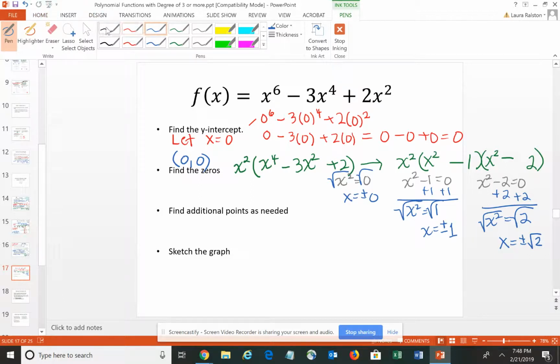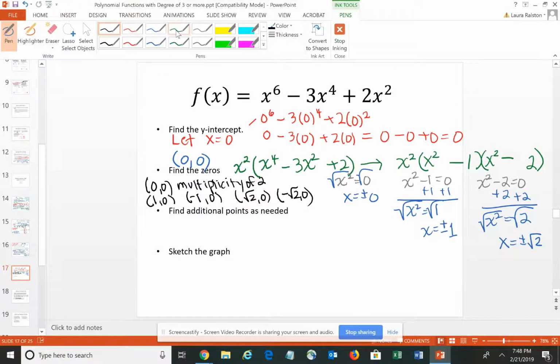We actually do come up with 6 solutions because the 0 actually occurs 2 times. So we say it has multiplicity of 2. You have positive 1, you have negative 1, you have square root 2, and you have negative square root 2. So ultimately, we do have 6 answers.